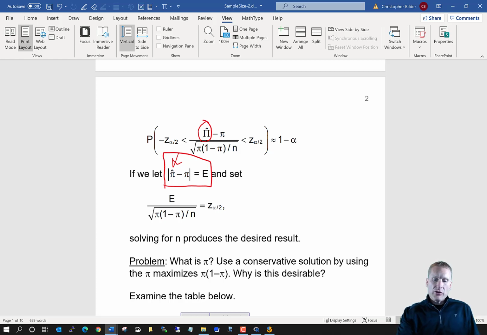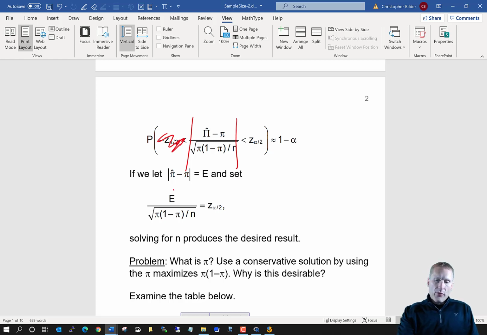Then we can essentially put that error in the numerator of our quantity that we were having up here when we were writing in terms of random variables. Also, sorry, I should have mentioned this to begin with, I could put an absolute value here and remove that portion there because of the symmetry property of the standard normal.